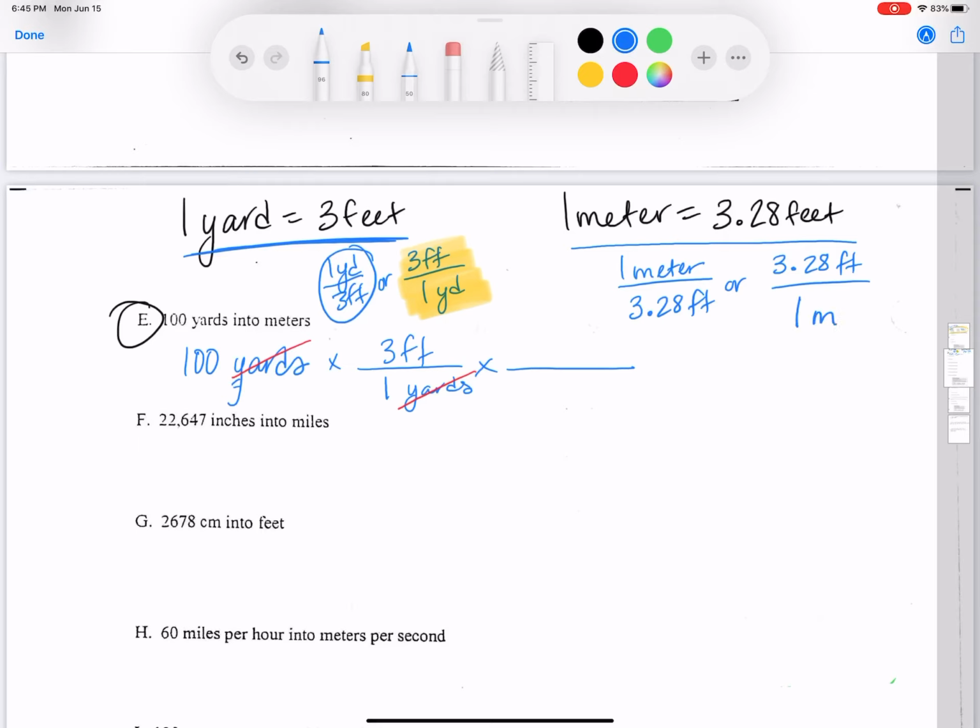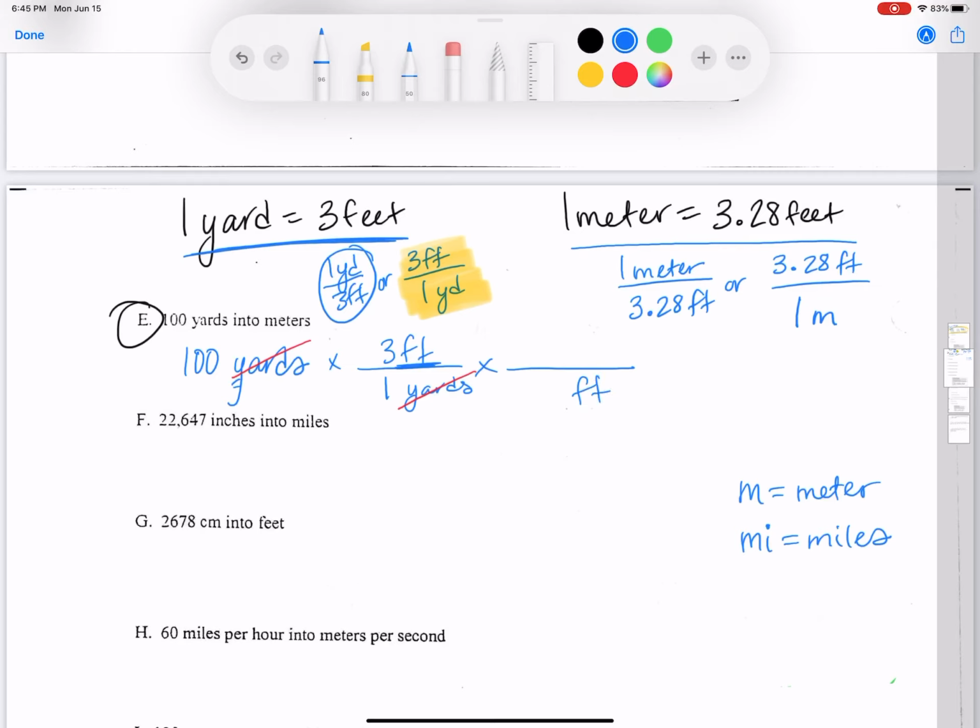And this is just a reminder that M stands for meter, MI stands for miles. So just be cautious of the abbreviations that you're using. Make sure you're following what the information given to you is saying. So I want feet, which is left here in the numerator, I want that to be in the denominator.